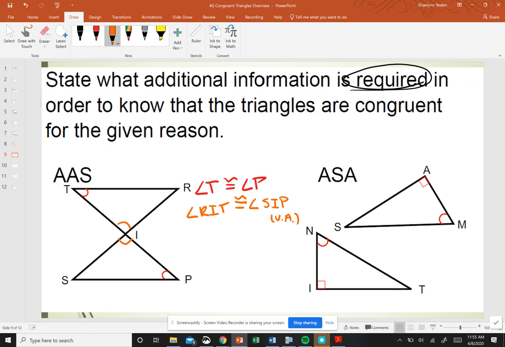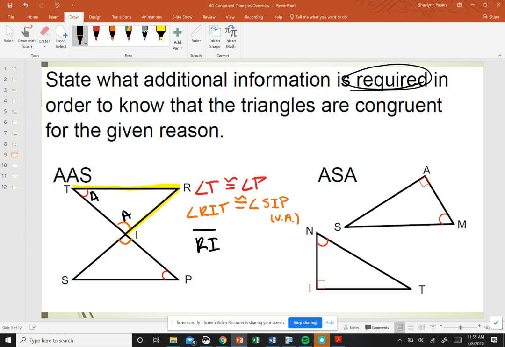Okay. What else do we need? So we have an angle, but I want a side not in between them. You've got two options really. You can go with this side because that's not between the two angles, or this side because that's not between the two angles. So pick one. I'm going to pick RI.